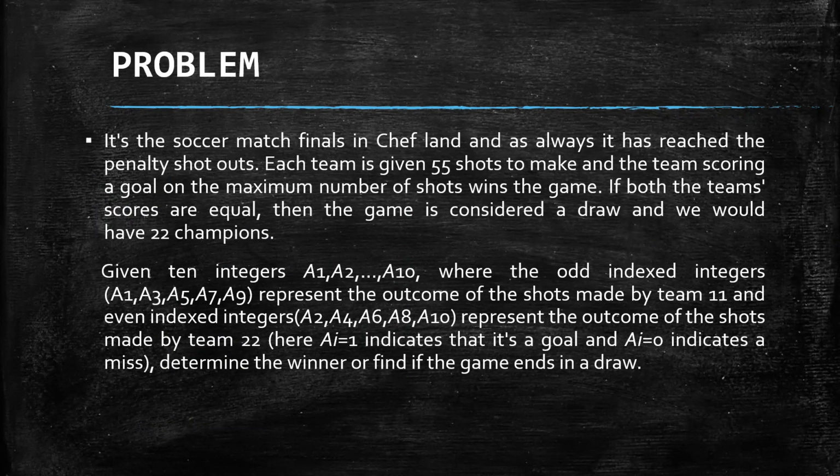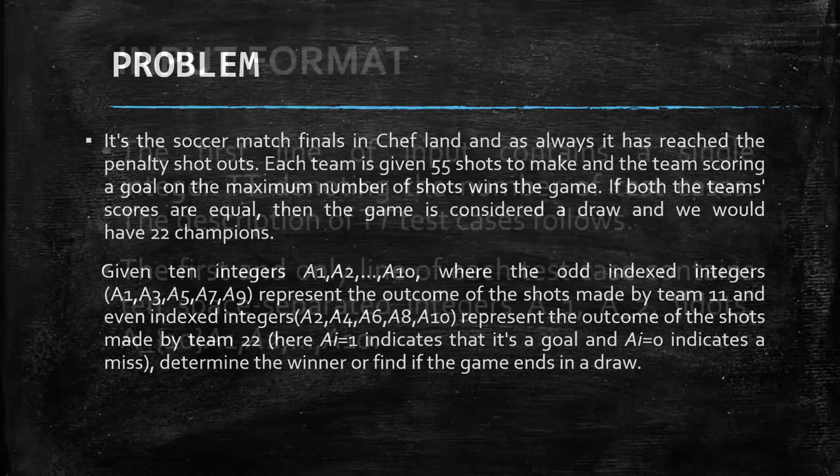We are given 10 integers A1 to A10, where the odd index integers A1, A3, A5, A7, A9 represent the outcome of the shots made by team 1, and even index integers A2, A4, A6, A8, A10 represent the outcome of the shots made by team 2. Here, Ai equal to 1 indicates that it's a goal and Ai equal to 0 indicates a miss. Let's determine the winner or find if the game ends in a draw.